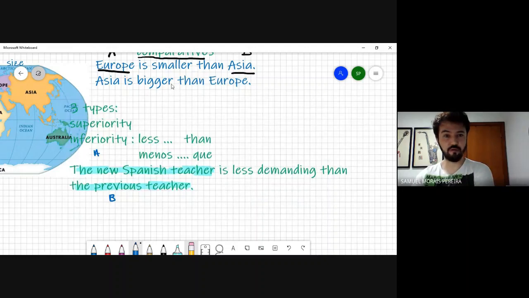Então, se eu destaco a superioridade de um em relação ao outro, ó, Asia is bigger than Europe, eu estou usando o comparative of superiority. But when I use the word menos, eu estou destacando a inferioridade, tá bom? So this is called the comparative of inferiority. And in English we say less and then, ó, less demanding than, menos exigente que, okay?